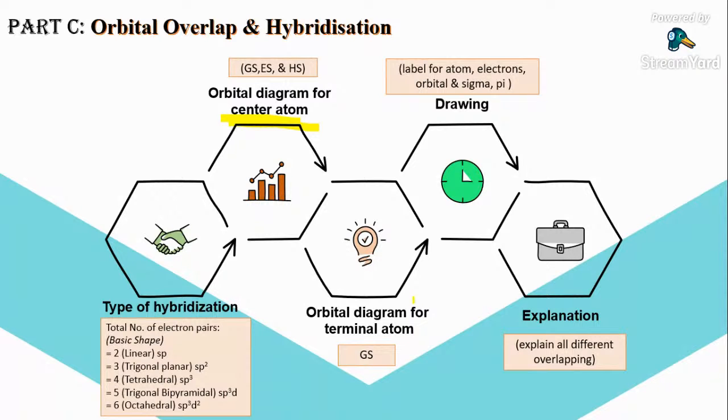That is drawing, another part students face problems in. Explanation should be no problem. If you understand the concept already, you should have no problem explaining the whole hybridization diagram.